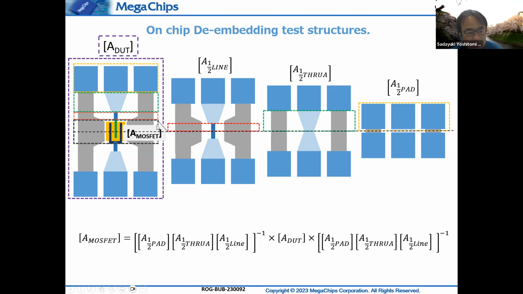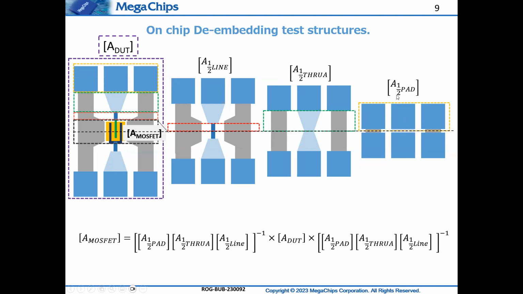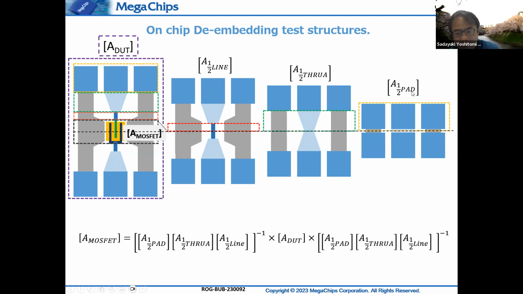So how we de-embed by using 4 test structures is, we obtain the A matrix elements of these 4 test structure patterns, and we create the A matrices represented by this A1, 1/2 through, and 1/2 line, and the whole test structure A matrix is represented by ADUT.